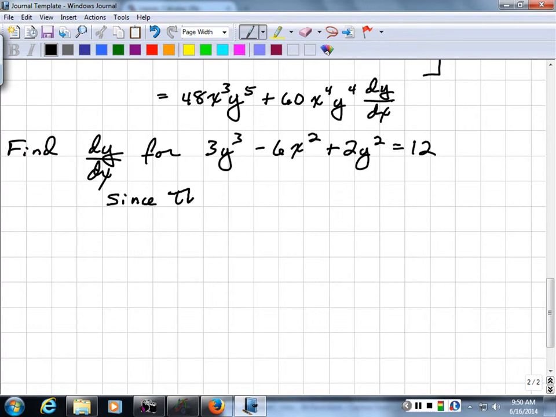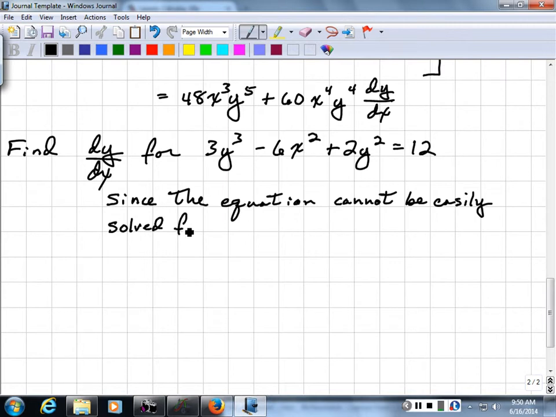Since the equation cannot be easily solved for y, use implicit differentiation.